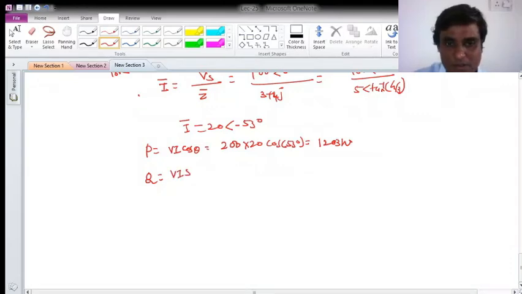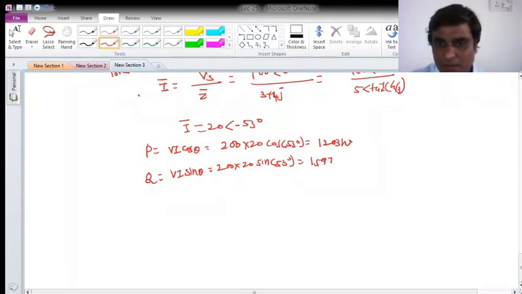Reactive power is VI sin theta. So it is the same, 200 into 20 sin 53 degree, which comes to 1597 volt ampere reactive. So observe that for a 20 ampere current transmitting over the line, the consumer will consume 1203 watt, and reactive power will be 1597.